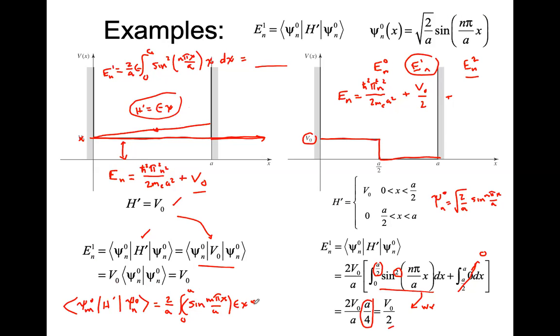And then this has to be multiplied by sine of n pi x over a. And m and n are not equal here, as we said over and over. m and n can't be equal. Integrated dx. That's what that thing is, and that gets you your first order correction to the energy, I'm sorry, to the wave function.